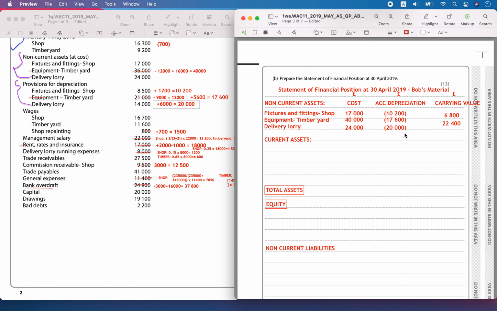And the third one is 24,000 minus 20,000, which is 4,000.